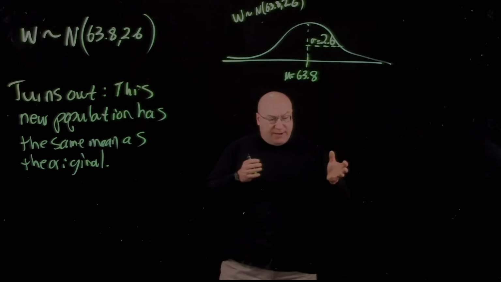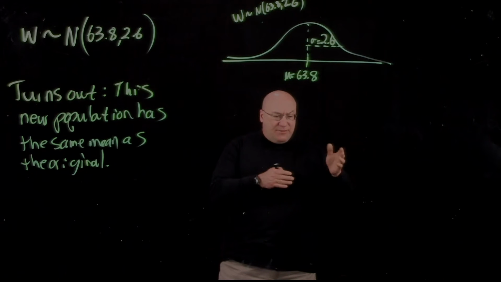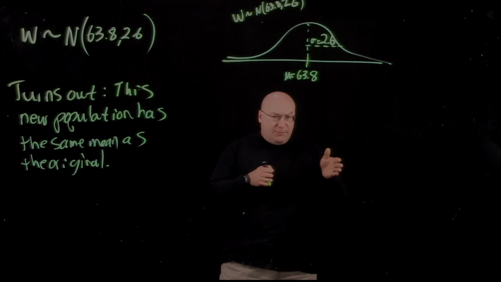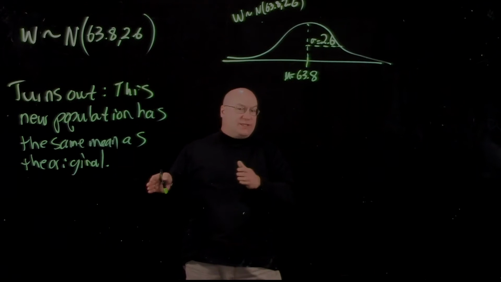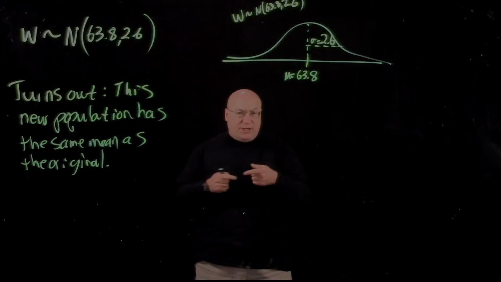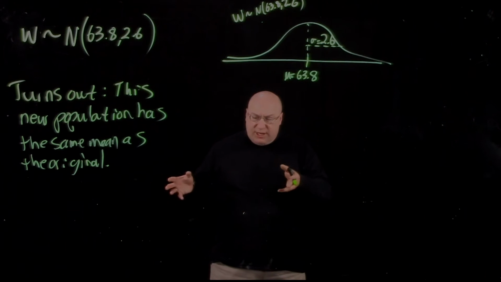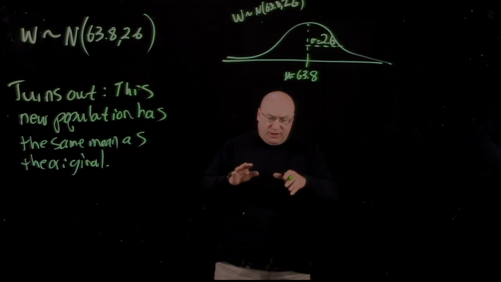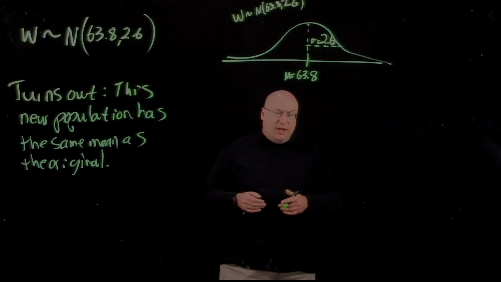Sure, in those 10 I might get a tall person, but their tallness is probably going to be smoothed out by the average or shortness of the rest of them. I might get a tall and a short that cancel each other. Likewise, if I get a really short person, all the others are probably more in the middle, and they'll bring the average back towards the middle.